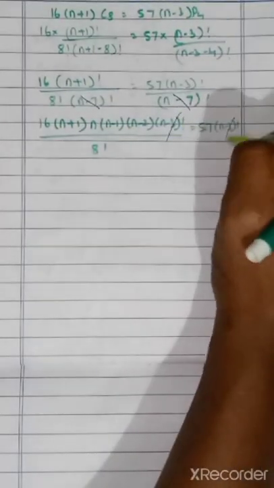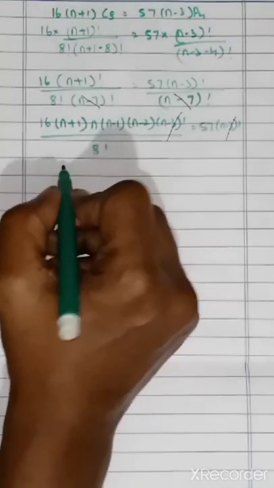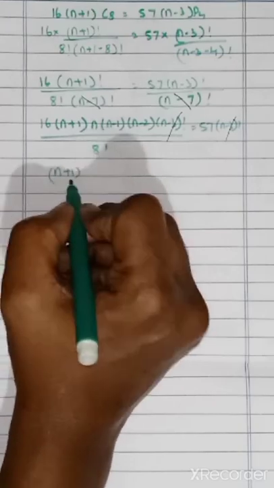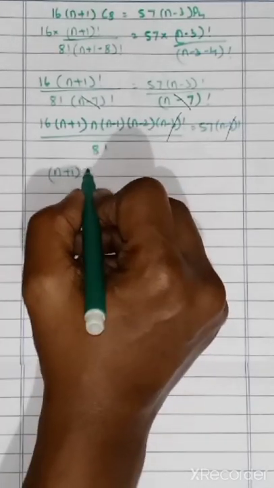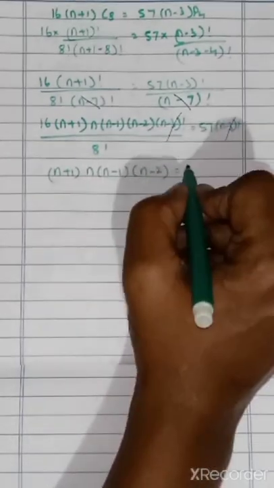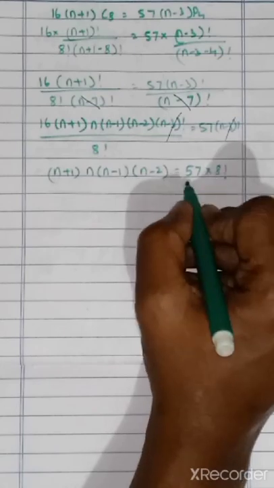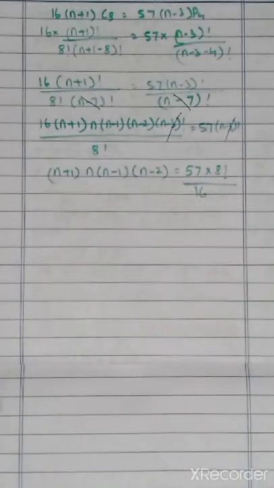So n minus 3 factorial will get cancelled. Okay, so what will be remaining? n plus 1 into n into n minus 1 into n minus 2 equal to 57 into 8 factorial by 16.